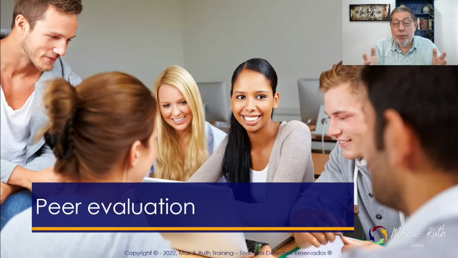You can do this asynchronously, or you can do it synchronously in your live sessions using small groups. You can send each pair to a small group, and they can evaluate how they have been working and they can report back. This is a great way to do formative evaluation.